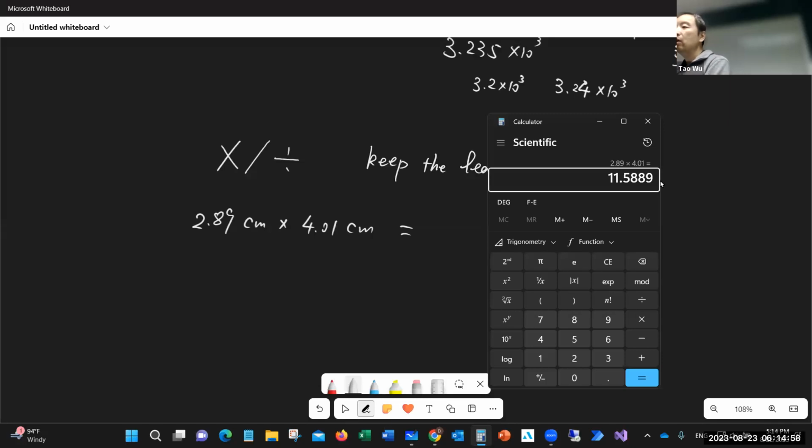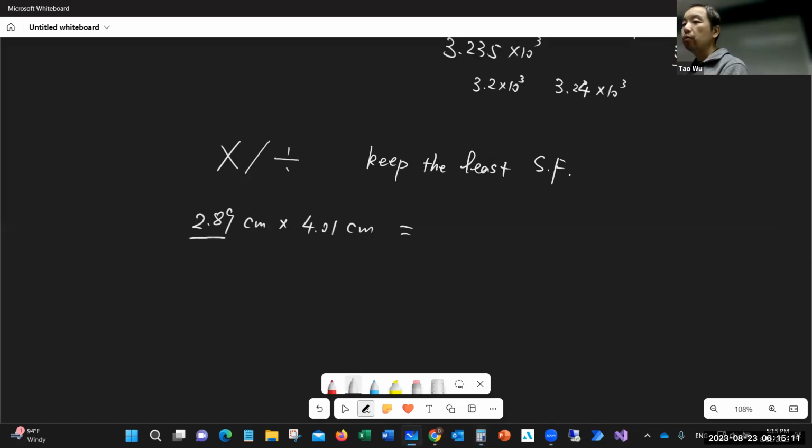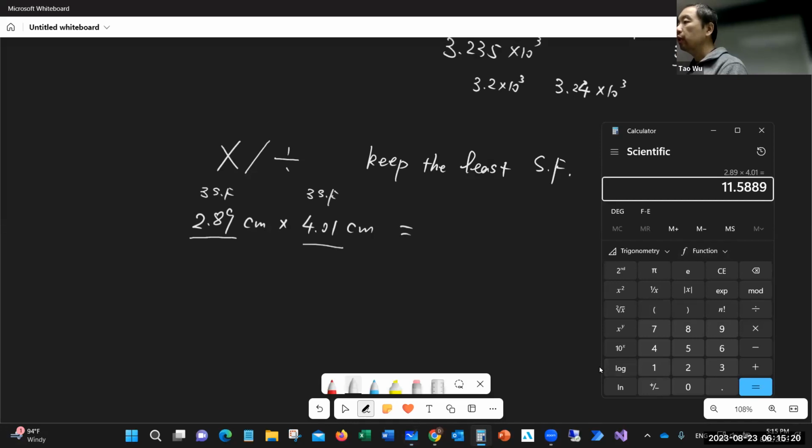So to solve this problem, the rule is if you have multiplication and division, you're going to keep the least number of sig figs. The first one has 3 sig figs. This one also has 3 sig figs. So once you have an answer, you're going to keep the least sig figs.